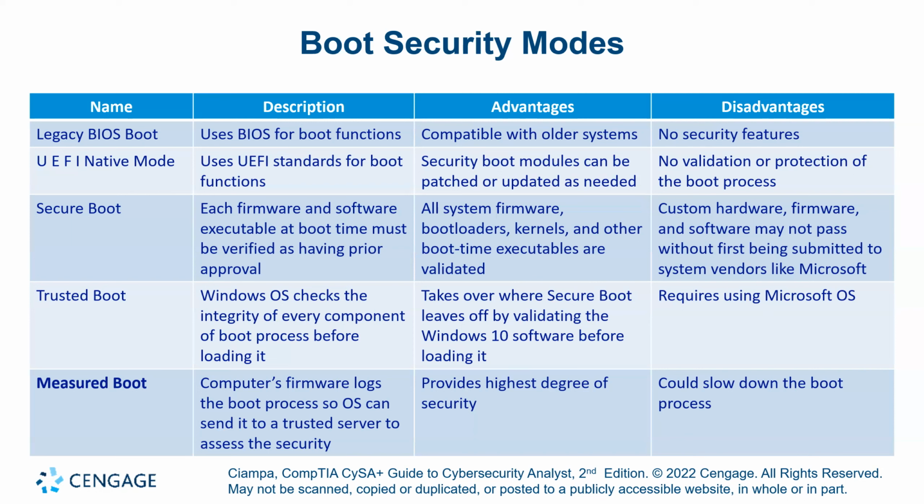Takes over where secure boot leaves off by validating the Windows 10 software before loading it. And it requires using Microsoft OS as the disadvantage. Measured boot. Computer's firmware logs the boot process so the OS can send it to a trusted server to assess the security. Provides the highest degree of security, but it could slow down the boot process.